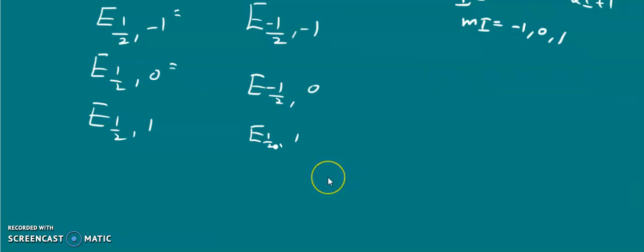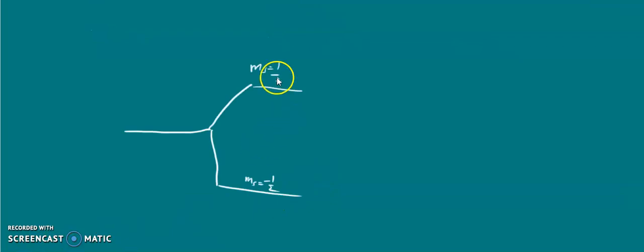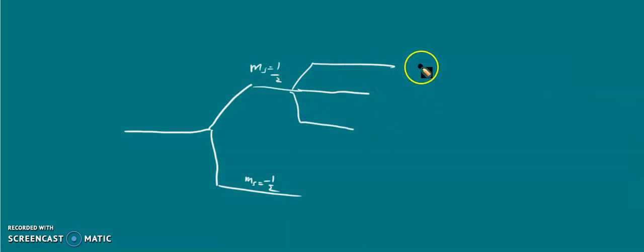While plotting, we can see that there are 6 levels. The m_s half combinations have greater energy than the m_s minus half combinations. Out of this, m_i can have 3 values. So m_i equal to plus 1 has the maximum energy, then m_i 0, then m_i minus 1.